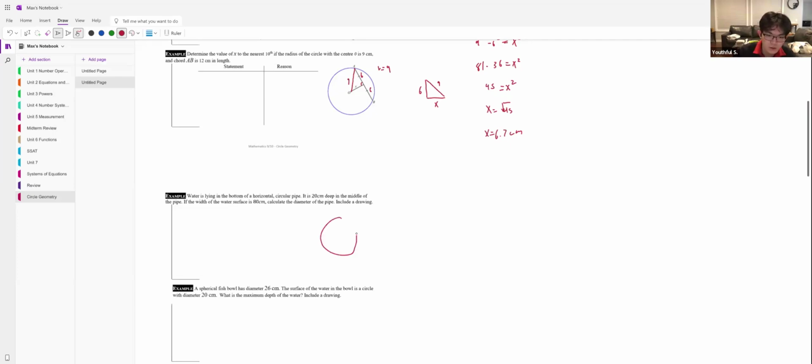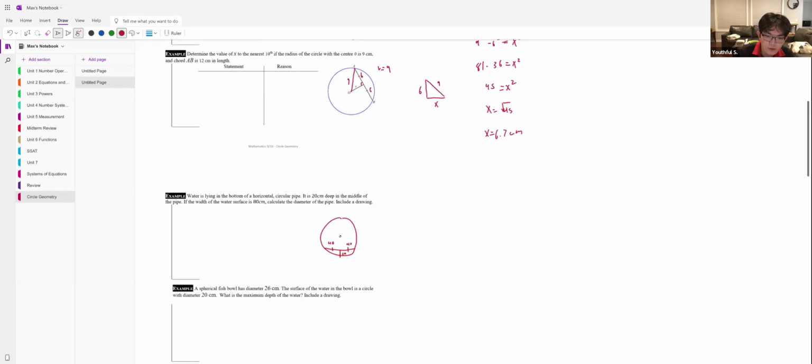So we have a circle, right? We have some water lying at the bottom. And then we know that the water is 20 centimeters deep. And the width of the surface of the water is 80 centimeters. So that means this and this are both 40 centimeters each.